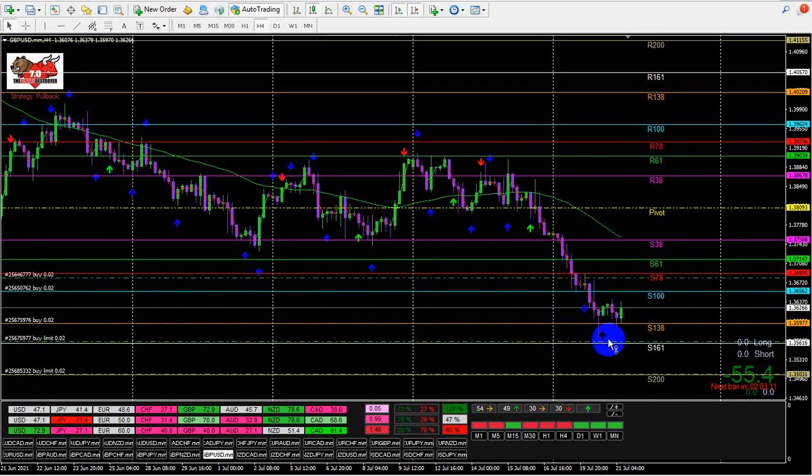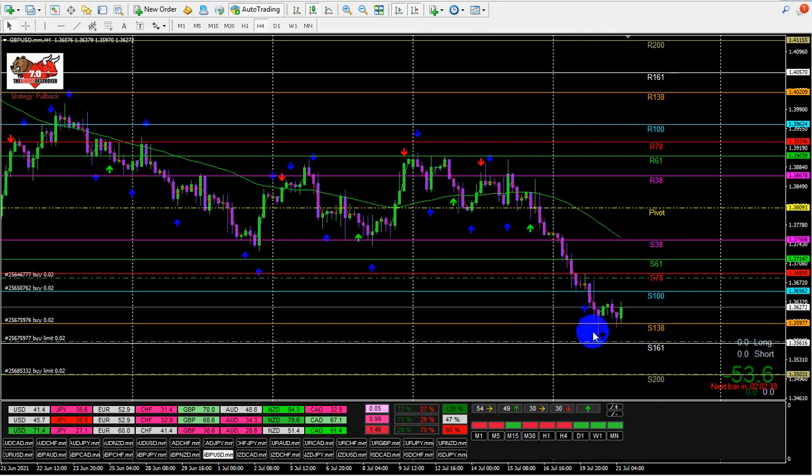I have a buy limit here, I have a buy limit here. Once I have a confirmation that this trend can go up, I put my limit orders. But I don't just put limit orders from R61 without knowing this can be going too south and I cannot handle the losses. So now I can handle the losses because I have some confirmation, and I'll be getting out at the opposite signal.